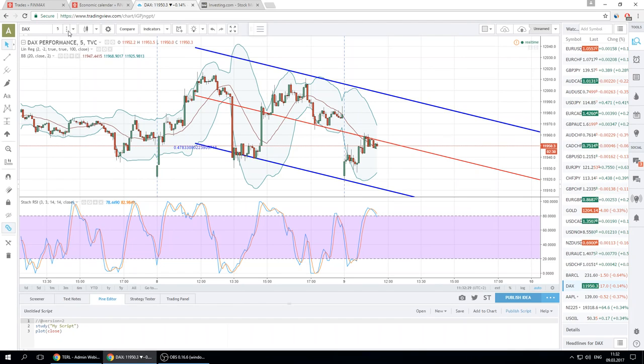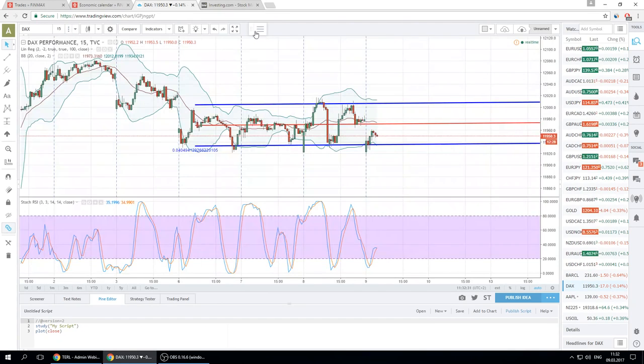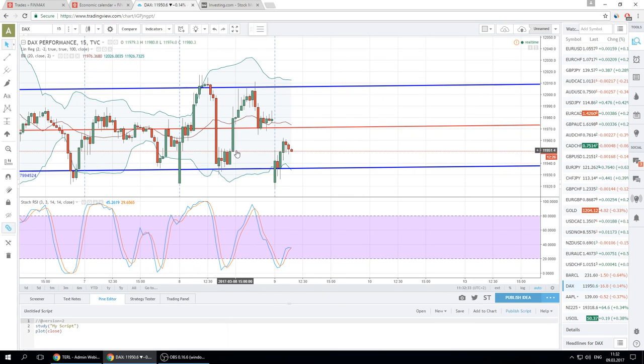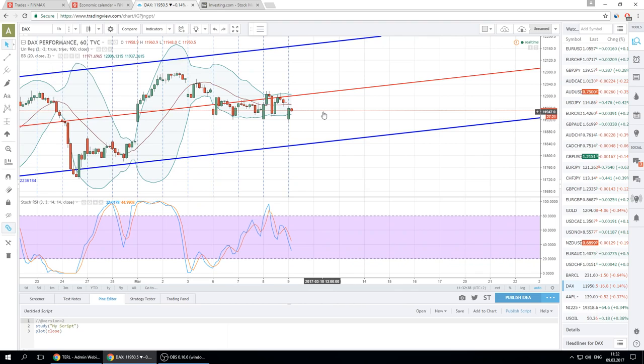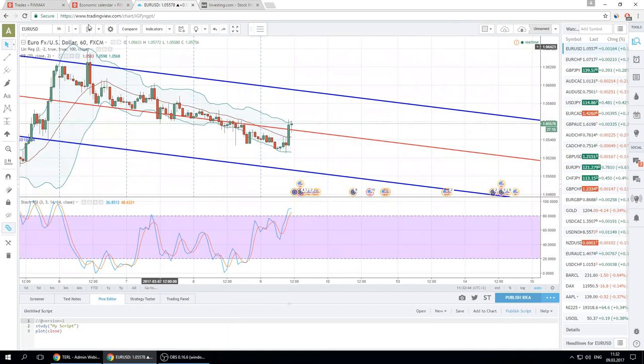Within this range there is a pretty strong support level, and within this range as well, for 1 hour. Not clear, so I'm not going to open the trade if I'm not sure.